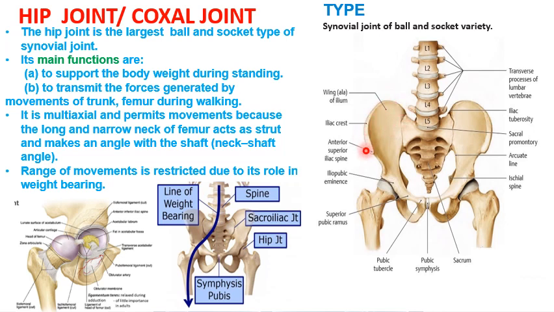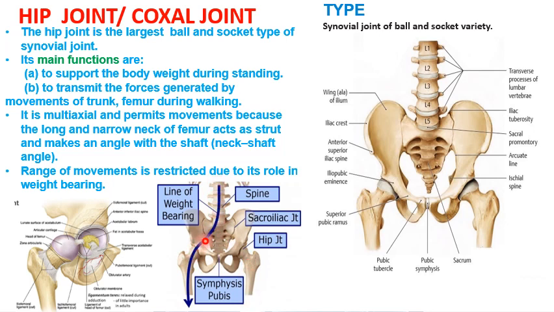This is the ilium part of the hip bone, which is articulating with the sacrum. So it is a sacroiliac joint. Here you can see the total body weight of a person is transmitted equally between both the limbs.